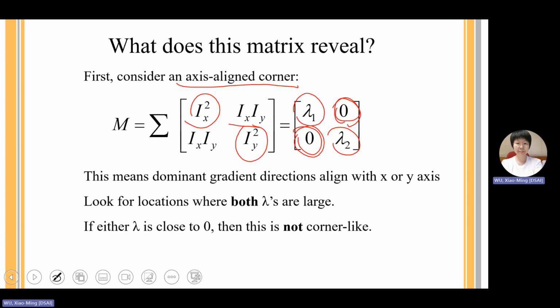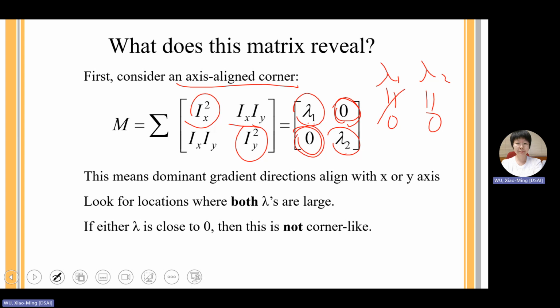Clear? So for flat region pixels, lambda 1 and lambda 2, the diagonal terms, will both be 0. For edge pixels, only one of them is 0: either lambda 1 will be 0 or lambda 2 will be 0.